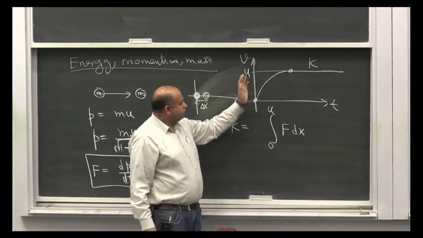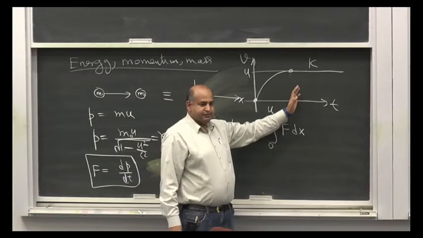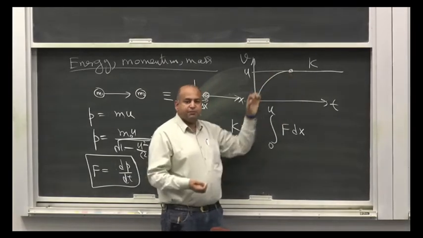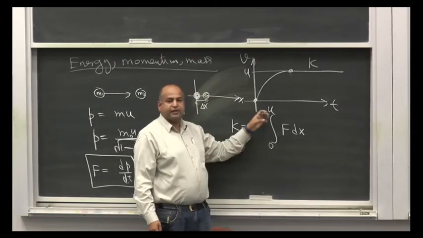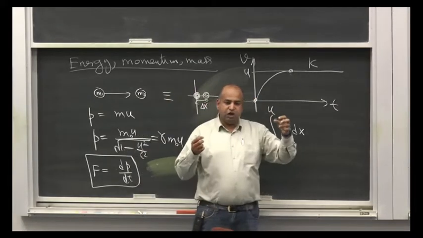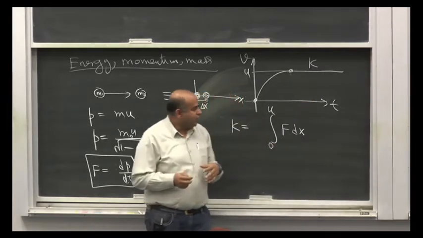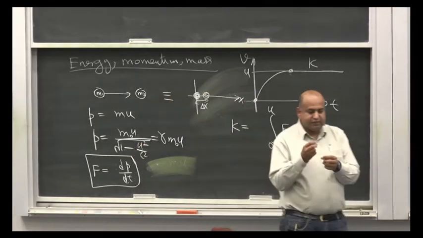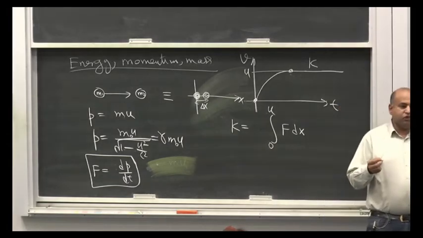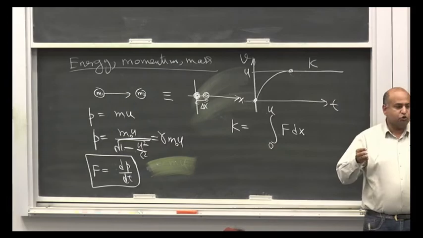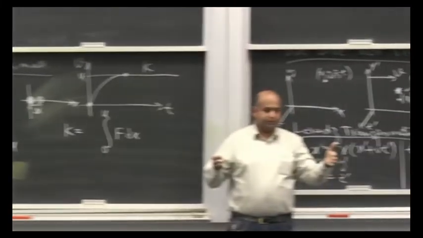So there should have been some underlying distance, but I want to work in terms of u. So maybe you can interpret it as 0 to x or something. In that time the velocity went from 0 to u. It's the same thing: I'm adding all the work done when I started from 0 and went to a velocity u. Equivalently, this means that I'm starting at x equal to 0 and going to some x equal to something.